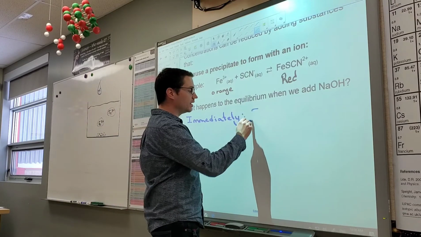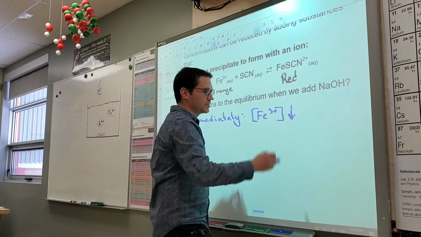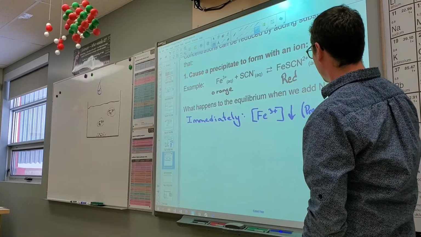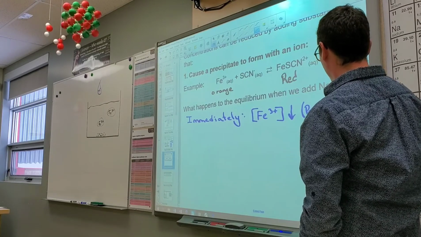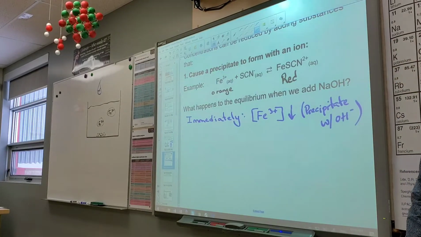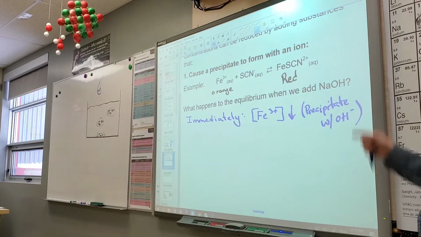So immediately the concentration of Fe3+ decreased, and it's because we made a precipitate with hydroxide, OH minus.